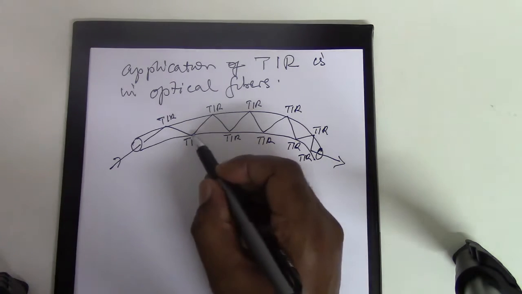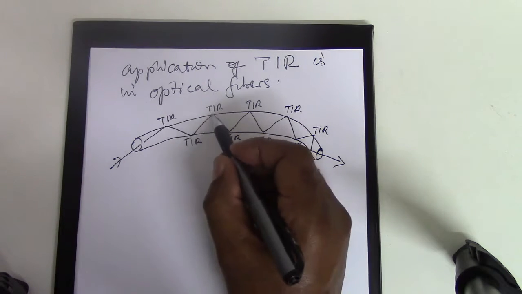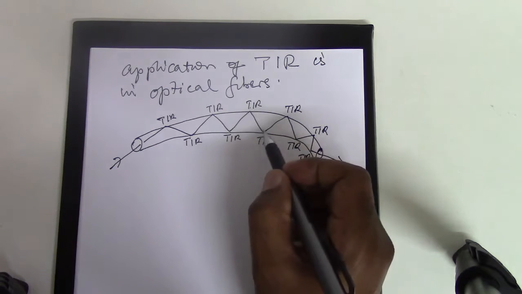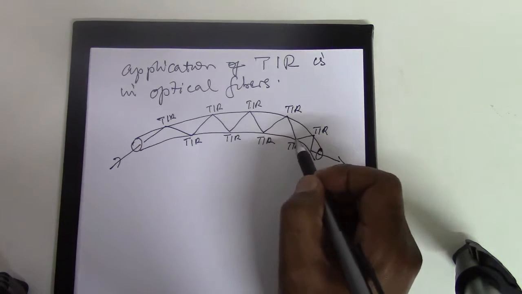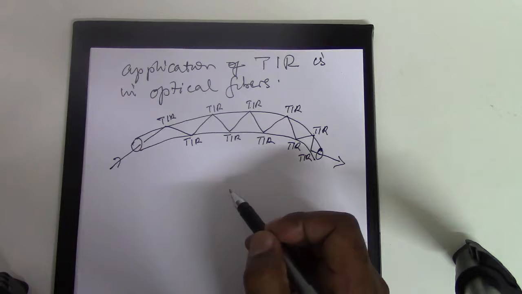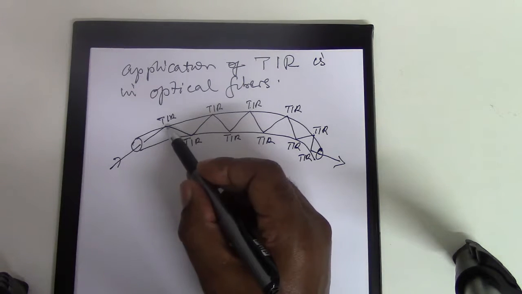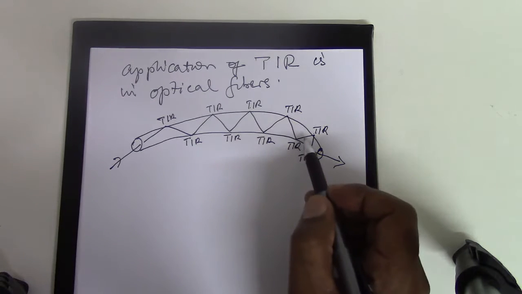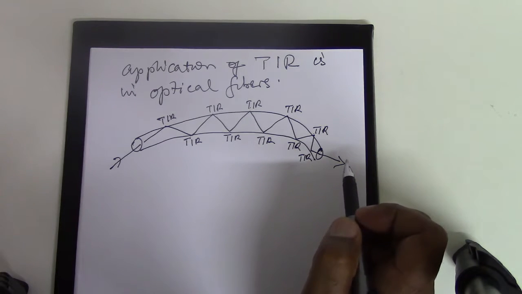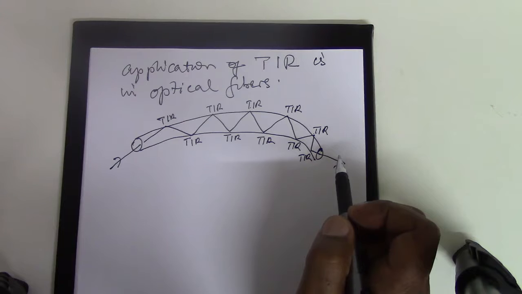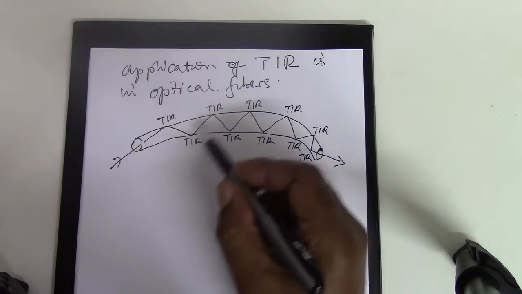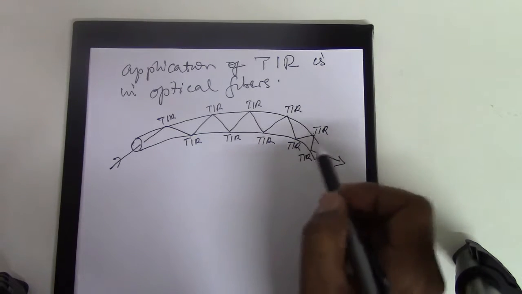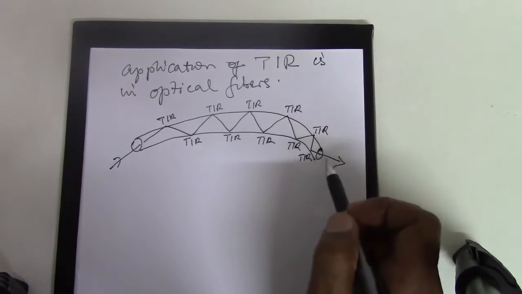Right, meaning at this interface between the two media, there is always total internal reflection. So the light is totally reflected within the same medium until it comes at the other end. Right. So the light continues to bounce within this confined environment.